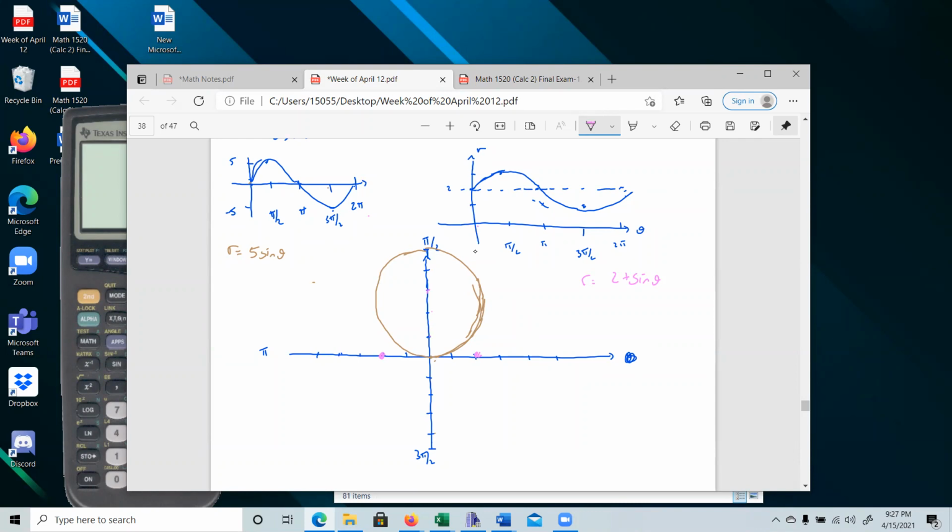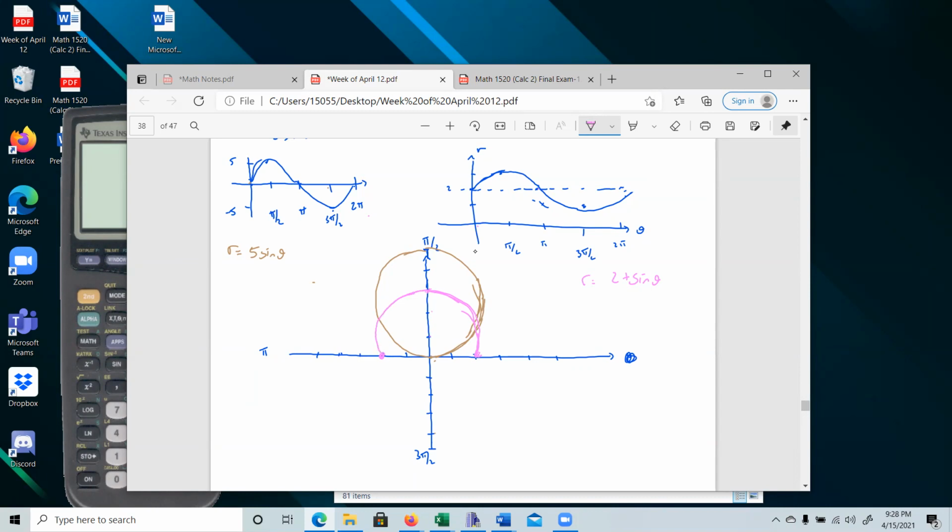So we're going to put something like this. Again, it's supposed to be more round than that, but use your imaginations. And as we get back to pi, we're going to be going back down over here.